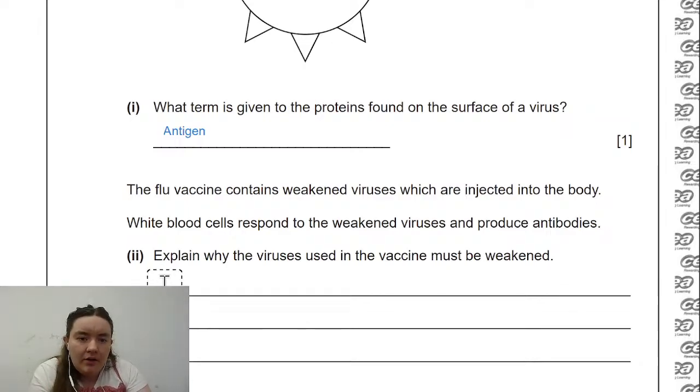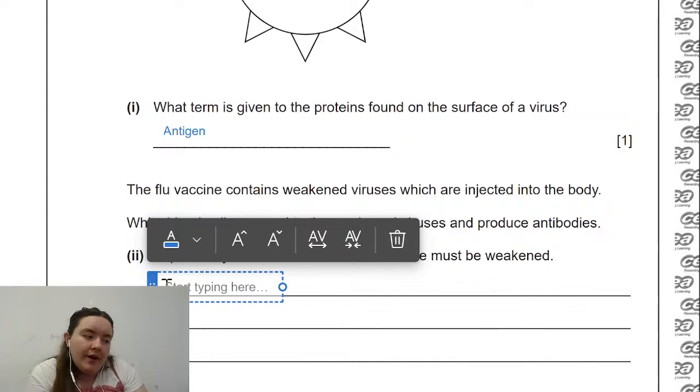So why do we have to have a weakened version of the virus? Well, firstly, who are the main people that we're going to be giving a vaccine to? A vaccine tends to be given to the very young, the very elderly, people who are sick with other things. So they tend to be people who cannot risk getting more sick.